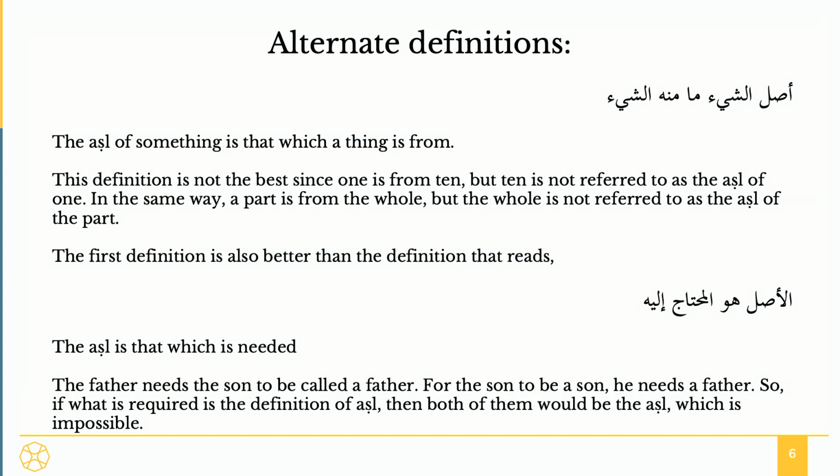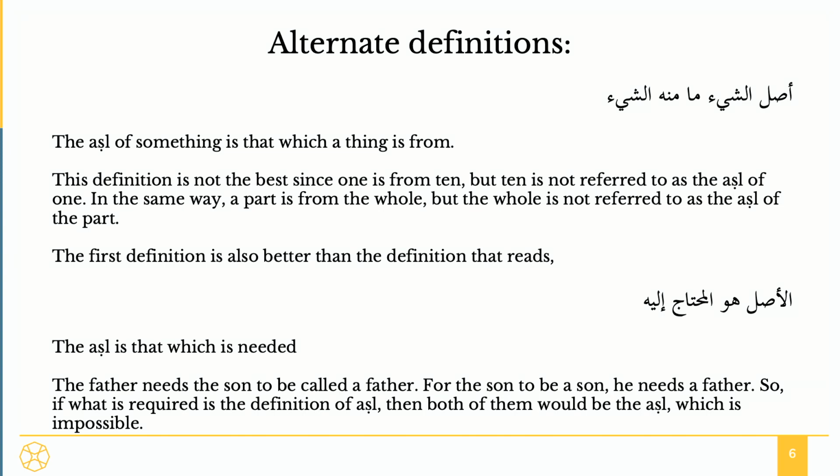So the first one says aslu shay ma minhu shay. Now here we have to be a bit particular in terms of the way we translate this Arabic phrase. The asl of something is that which a thing is from. So aslu shay, certain scholars say, is ma minhu shay, that from which a thing is from.